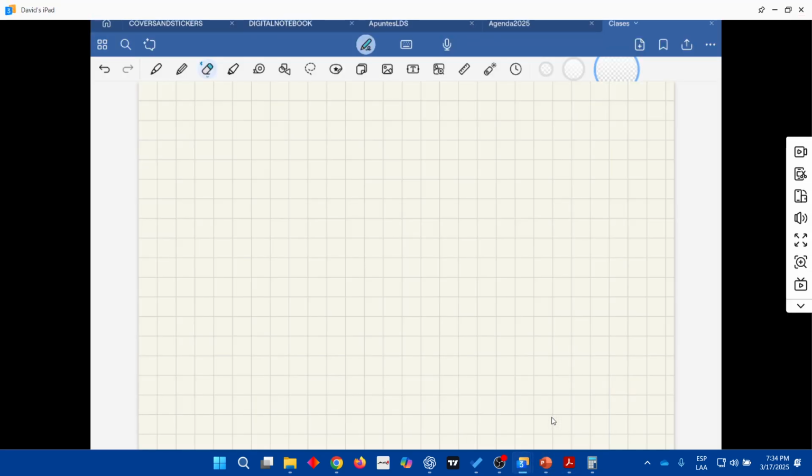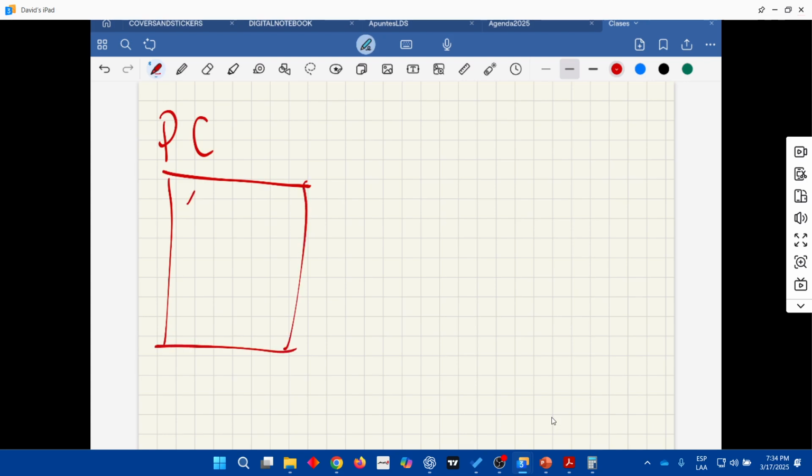What does that mean? Let me show you. The PC, program counter. Let's suppose that the program counter has a list. Think about a party where you are going to control who gets inside and who does not. You are the program counter.